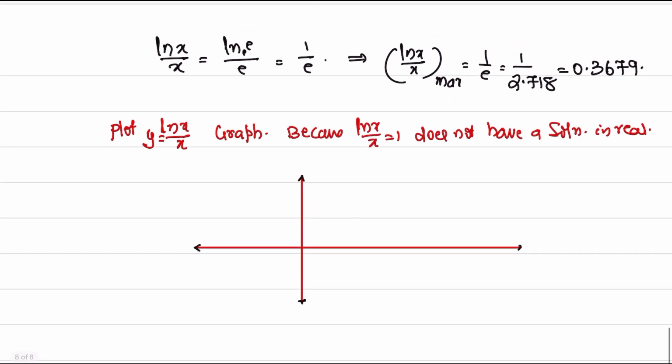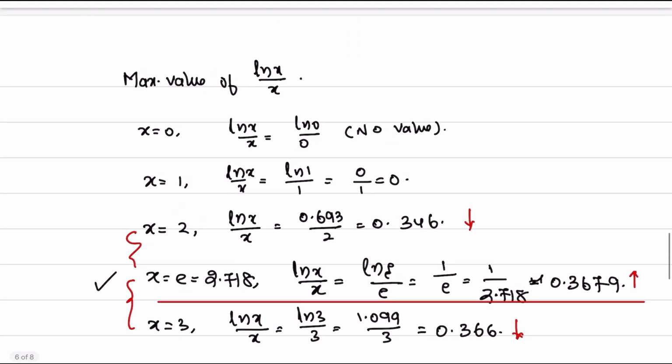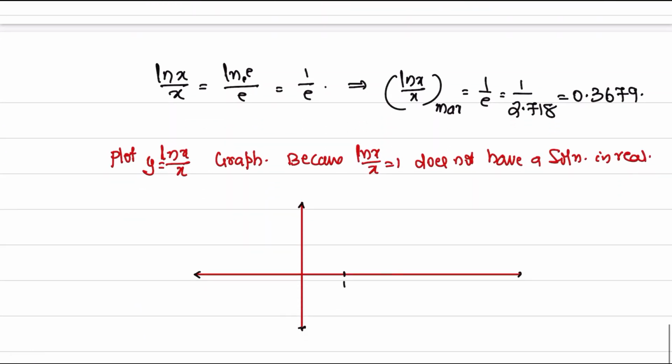When x is equal to 1, ln x by x is 0. This is x is 1. And when x is equal to 2, ln x by x is equal to 0.346.